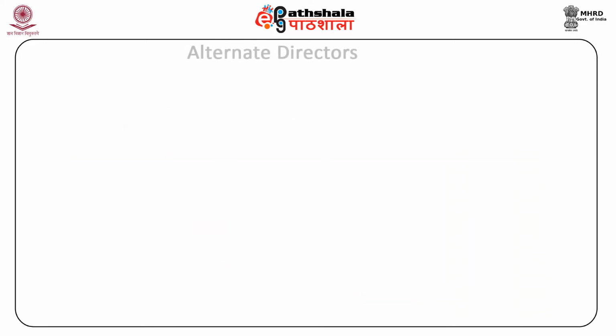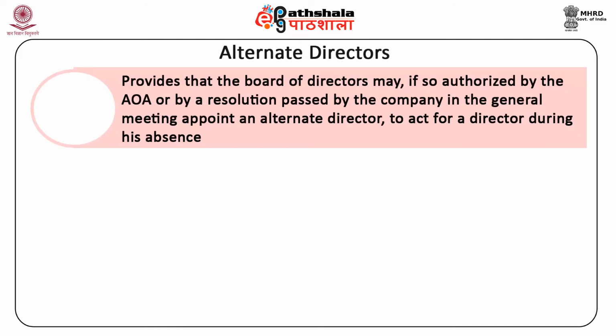Alternate directors. Section 161, subsection 2 provides that the board of directors may, if so authorized by the articles of association or by a resolution passed by the company in the general meeting, appoint an alternate director to act for a director during his absence for a period of not less than 3 months from the state in which meetings of the board are ordinarily held.